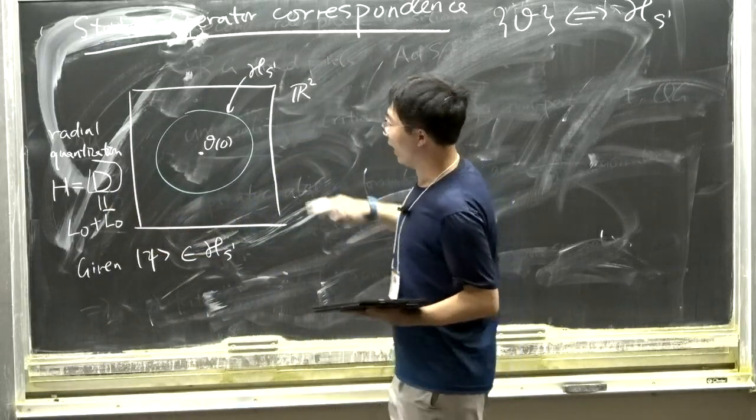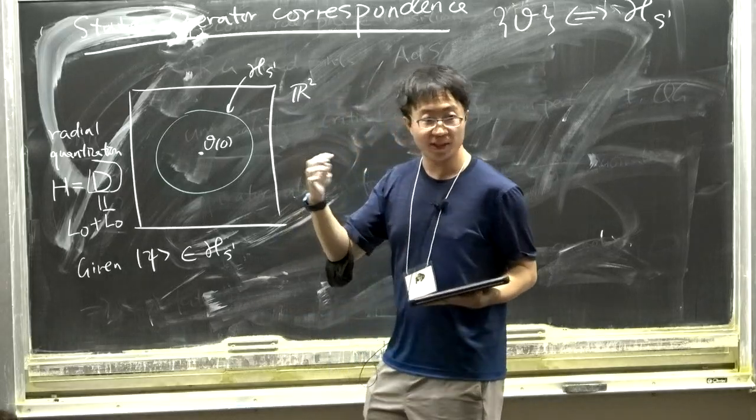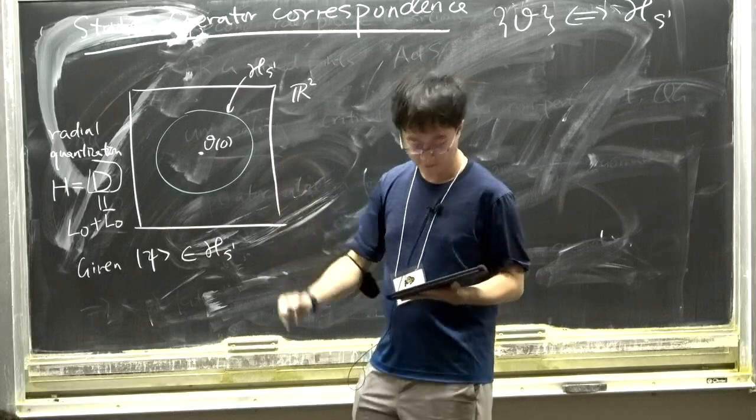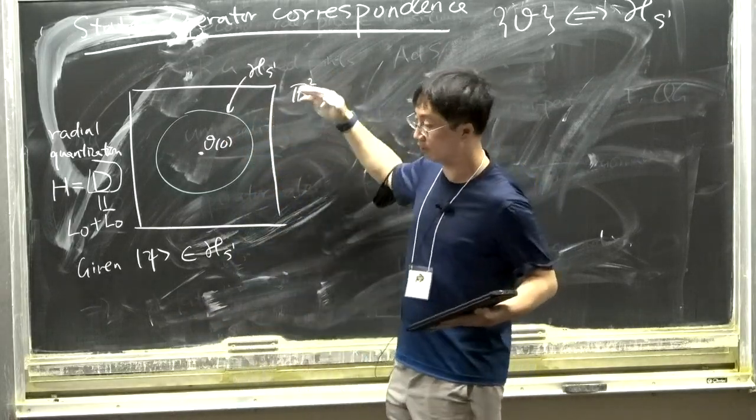Okay, and the backward evolution will introduce scaling factors that depend on the scaling dimension of the corresponding state. So in general, there will be a huge scaling factor as you evolve backwards.